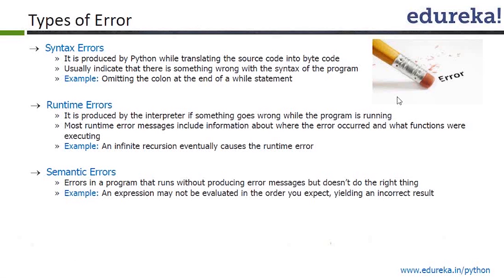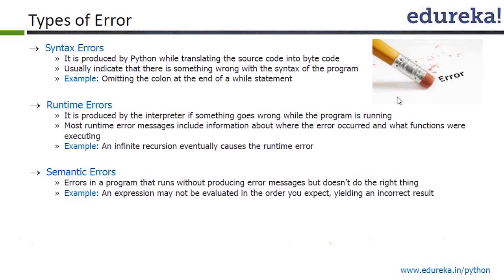So runtime error is something. It's more like your logical error. If you have an infinite recursion in your program, it will keep on running. It will eventually run out of memory and give you an error, or after a certain point in time, based on the interpreter, it will give you some error.